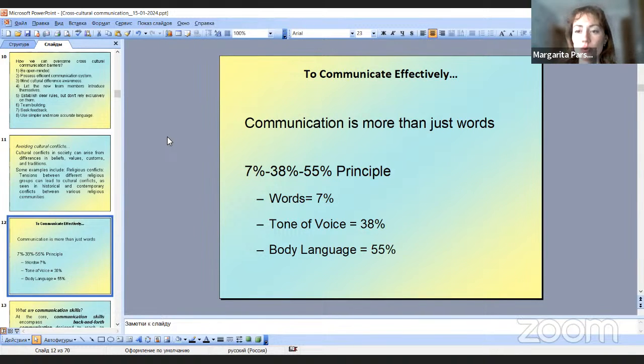Of course, it is also included in tone of voice. So, for example, 38 to 40%, and body language is also so important, because body language also shows your attitude to other members of the communication process, just as tone of voice does.